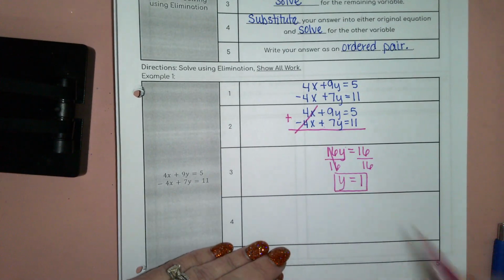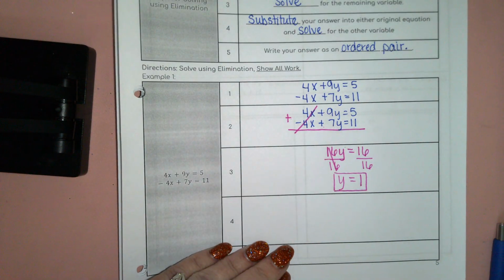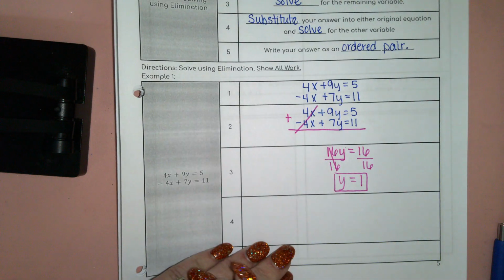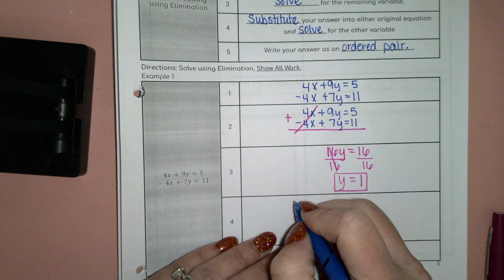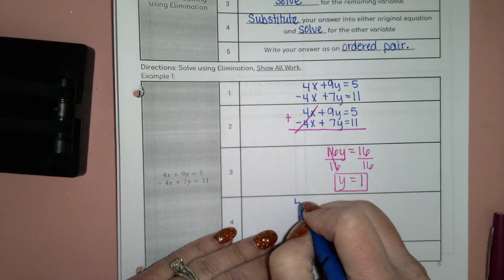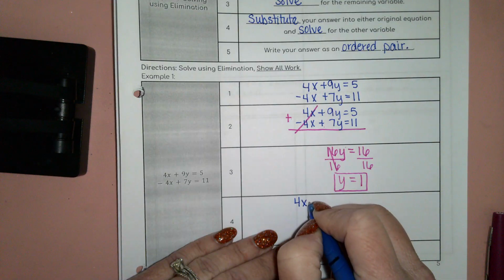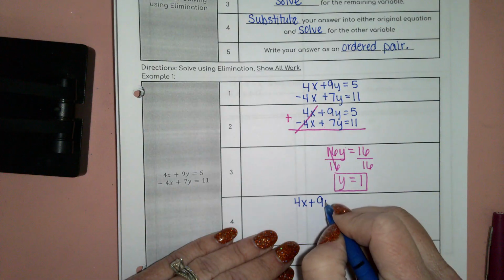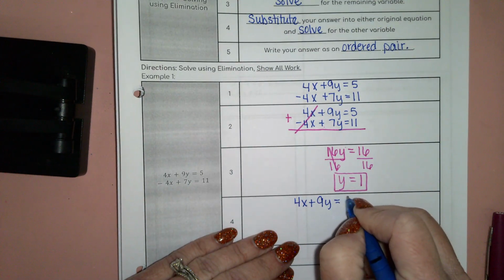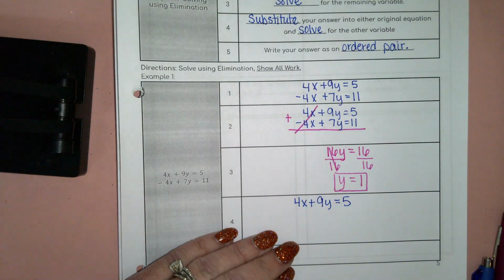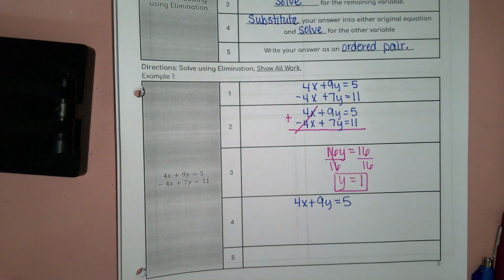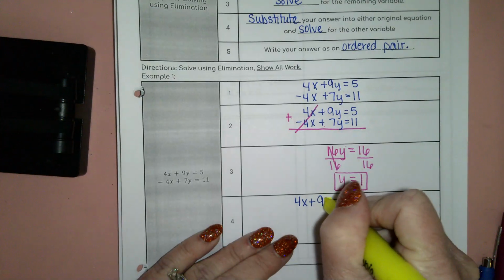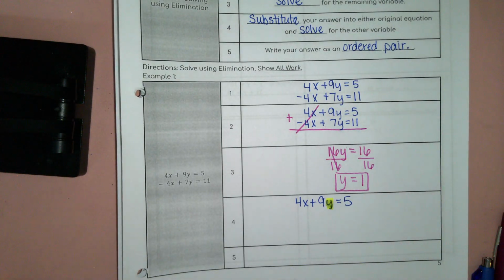Step 4 says substitute your answer into either original equation and solve for the other variable. So I'm going to pick the top equation just because that's what makes it easy. So I've got 4x plus 9 times y equals 5. And I'm going to plug in my y value for my y in that equation.